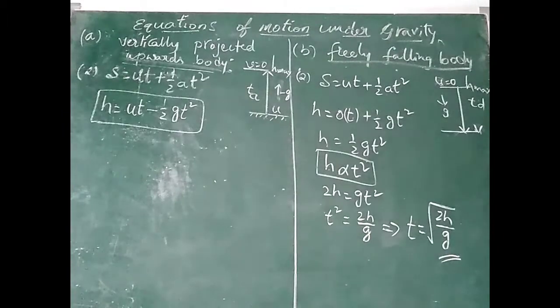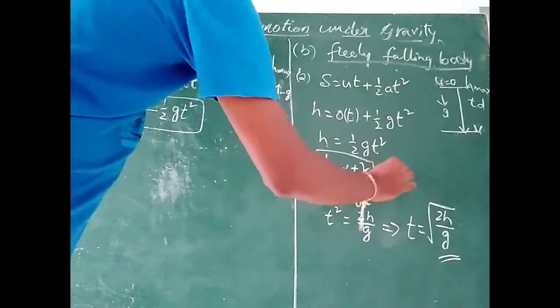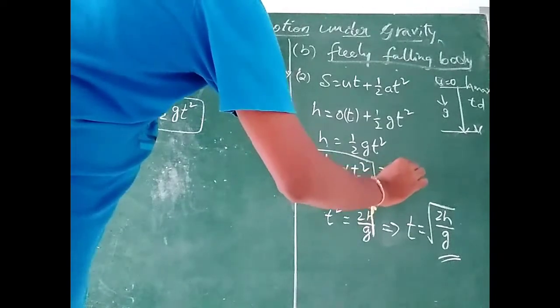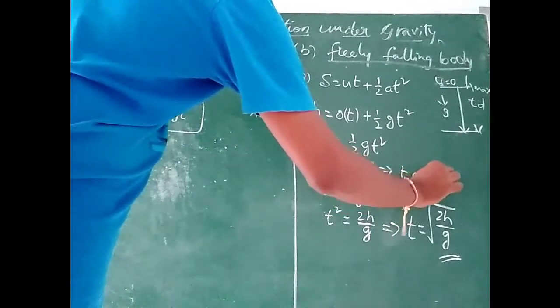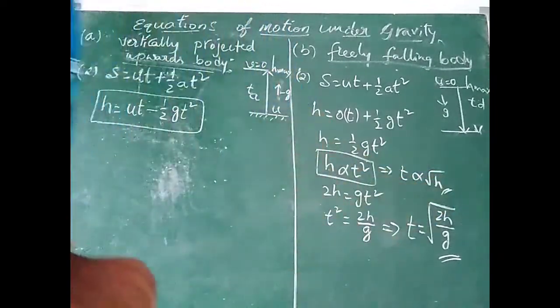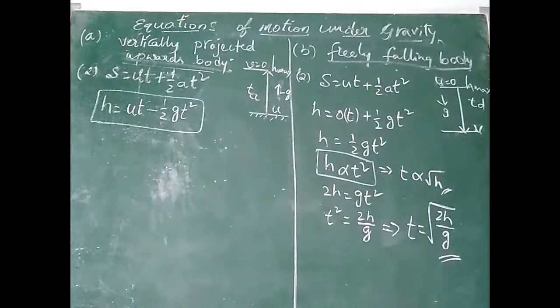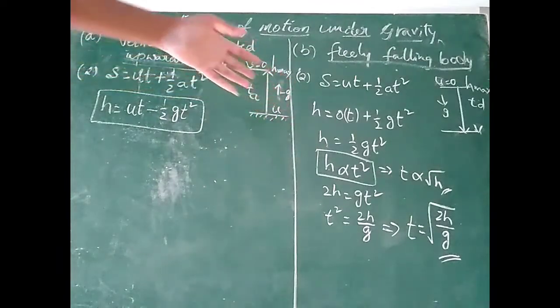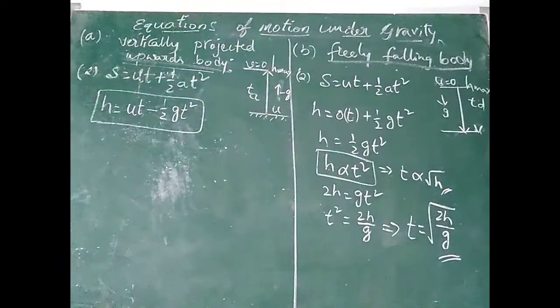This equation can also be written as t is directly proportional to square root of h. In both ways we can write that. Here h is considered as the maximum height.